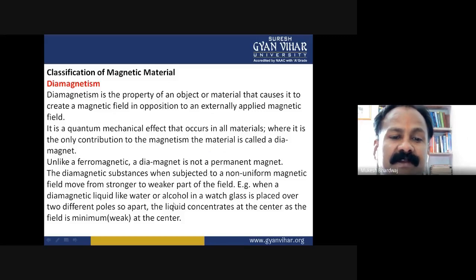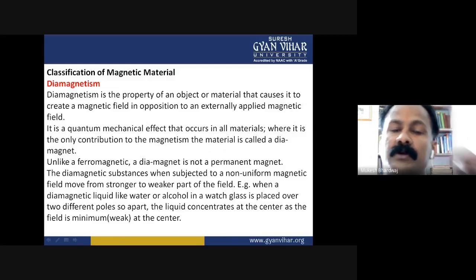Classification of magnetic material. Now we start with some classification of magnetic material. Diamagnetism. Before the classification, let me give a small introduction about magnetization.